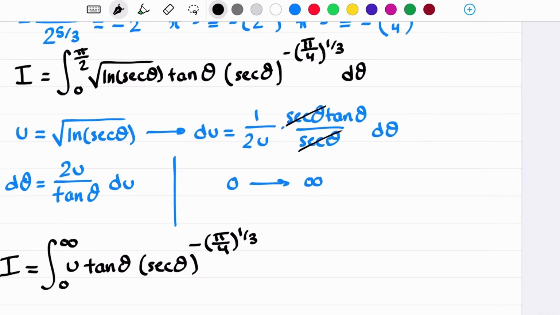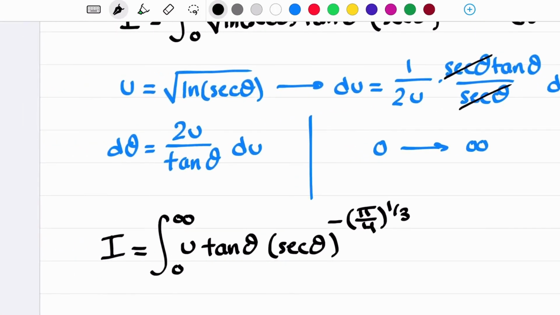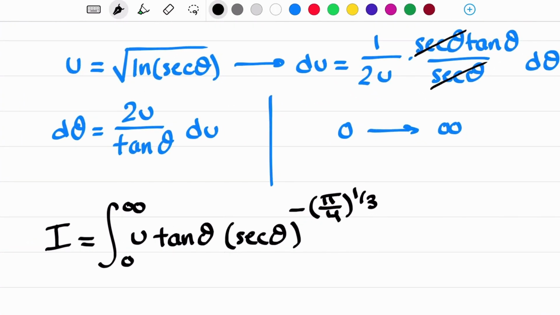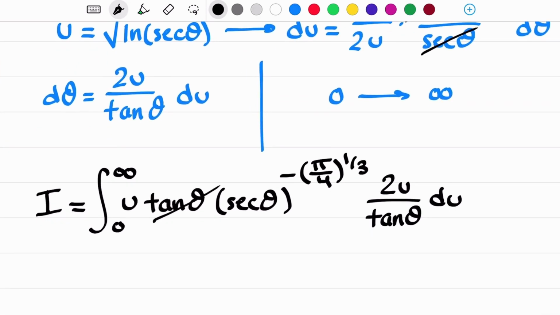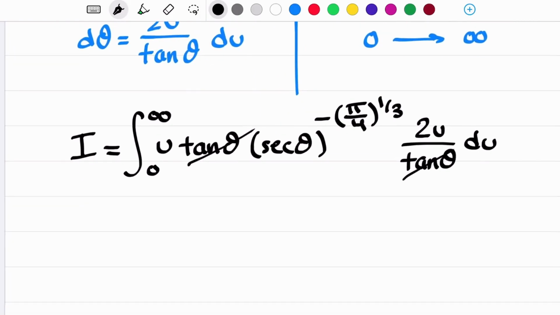And then instead of d theta, of course, we're going to have 2u over tangent theta times du, just making that substitution as well. And of course, our tangent thetas are going to cancel, which is exactly what I wanted to happen.